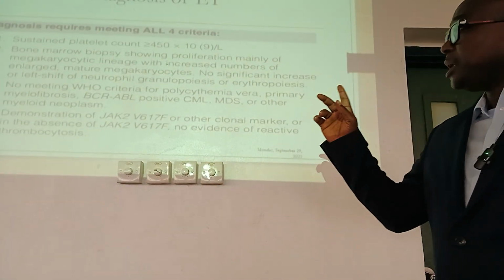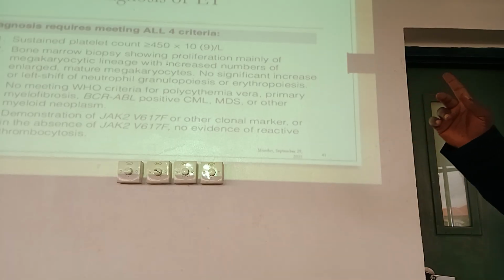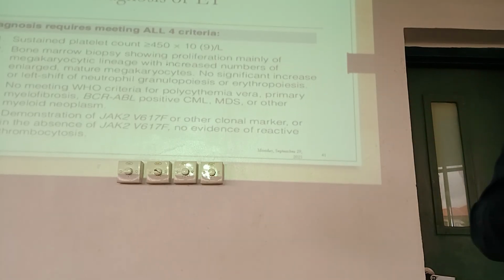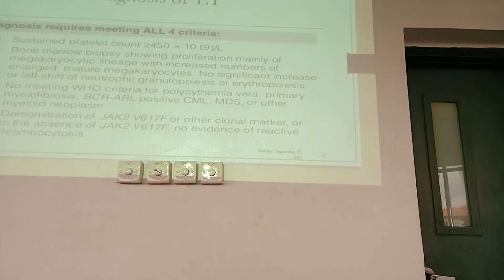So just like I said, you have to be sure that the platelet count is elevated and then there is increased megakaryopoiesis in the marrow to confirm the diagnosis. Then BCR-ABL is negative to rule out CML. Then there is no marked dysplasia to rule out MDS, because all of these can cause elevated platelet count.